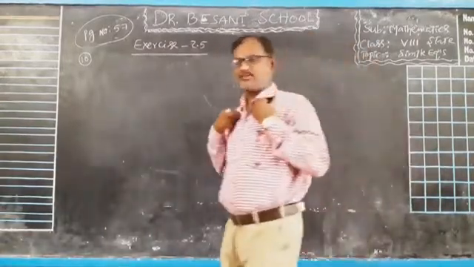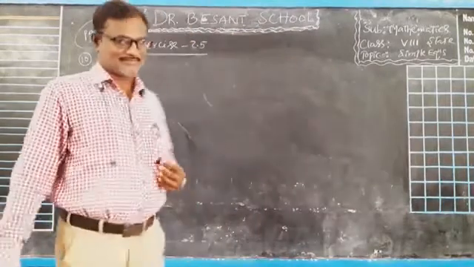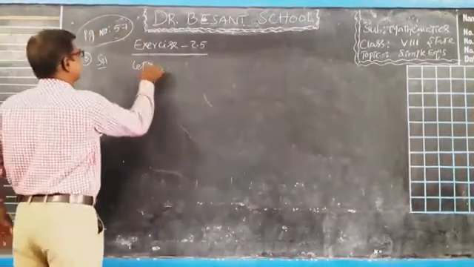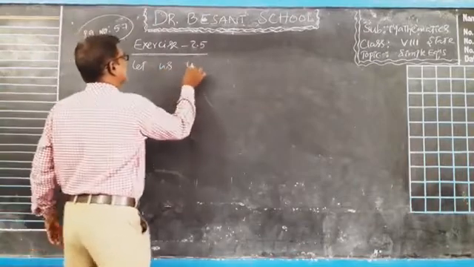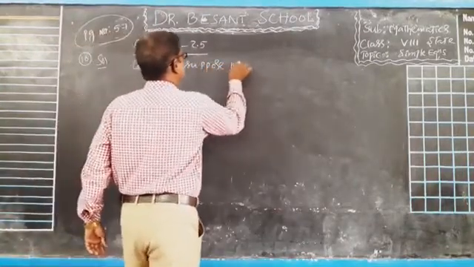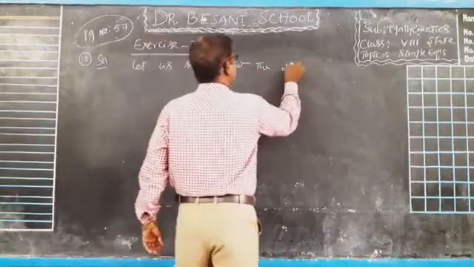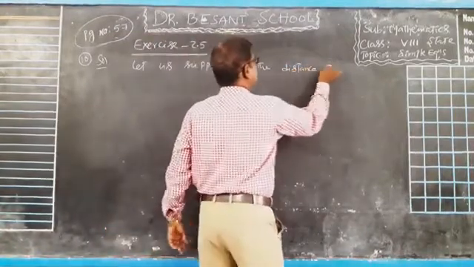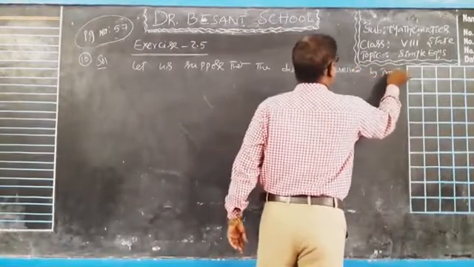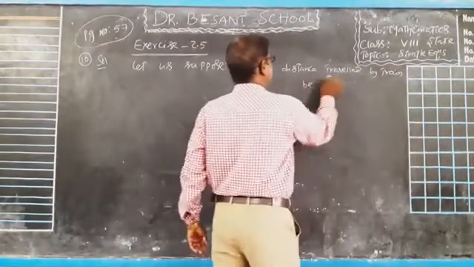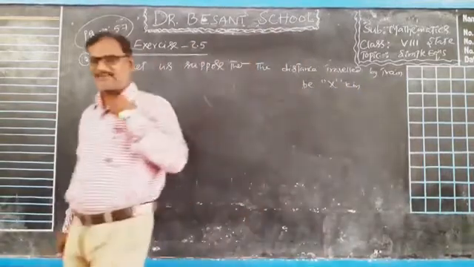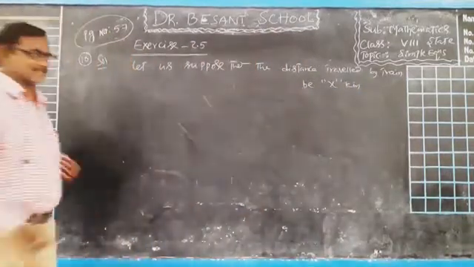We need to find out the distance traveled by the train. Let us suppose that the distance traveled by the train is x kilometers.